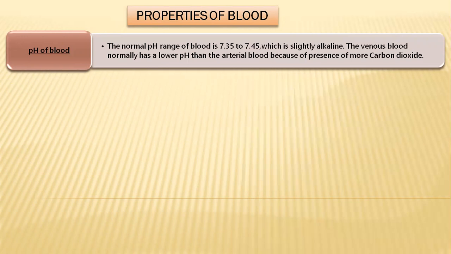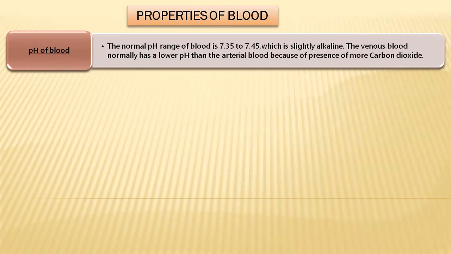That's why you find that the presence of carbon dioxide is more in the venous blood, and this carbon dioxide can react with water, forming carbonic acid, and the carbonic acid is unstable, so it will dissociate into bicarbonate and hydrogen ions. So there will be an increase in hydrogen ions on the venous side.